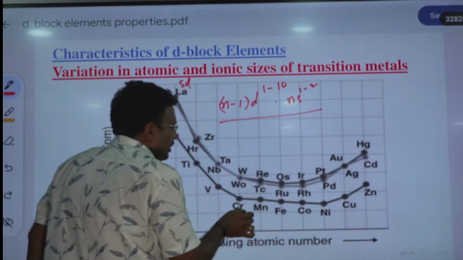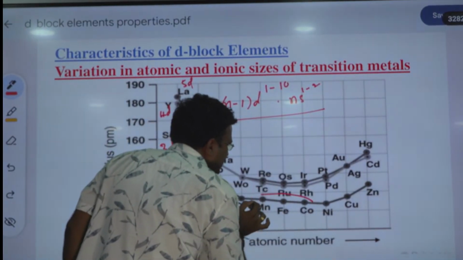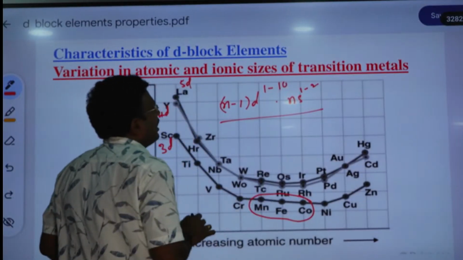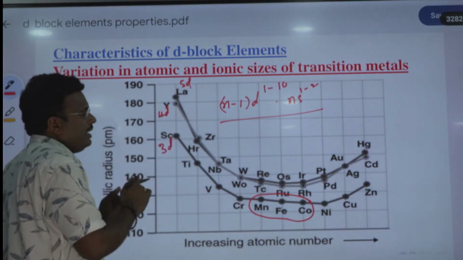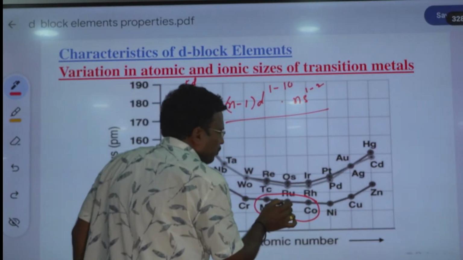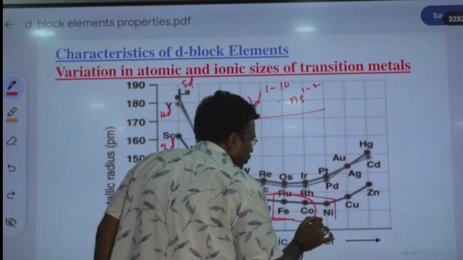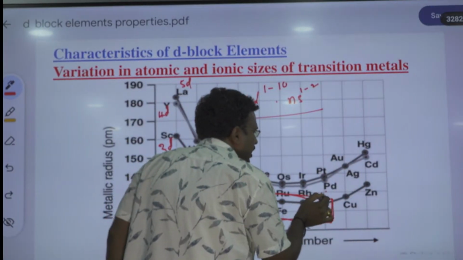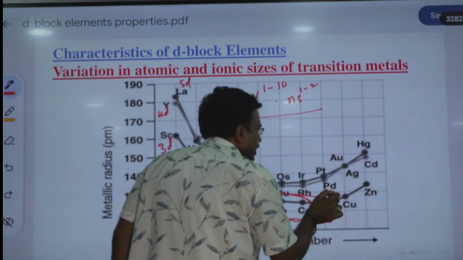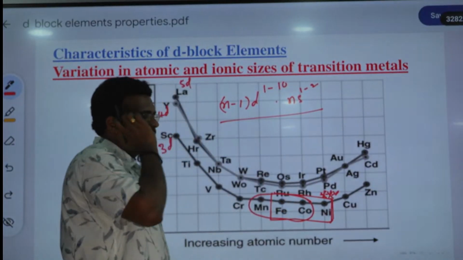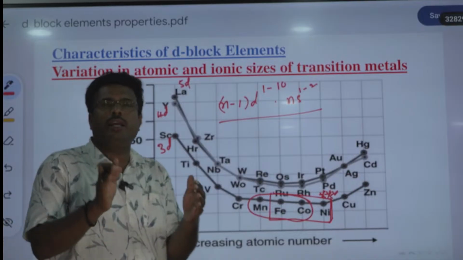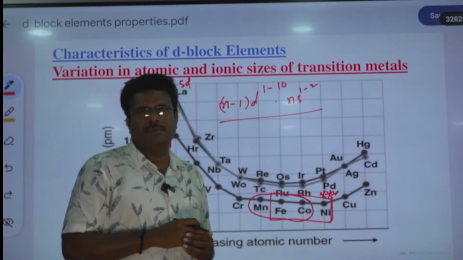Some elements have identical atomic size and atomic radius. Especially focus on these three elements to remember: iron, cobalt and nickel. These have identical atomic radius. Very, very important question: which of the following pairs has identical atomic radius?